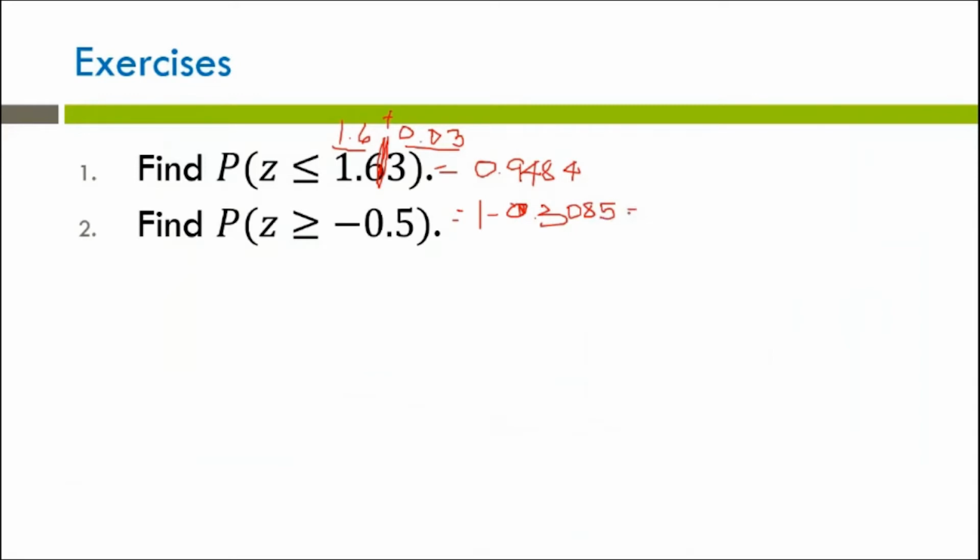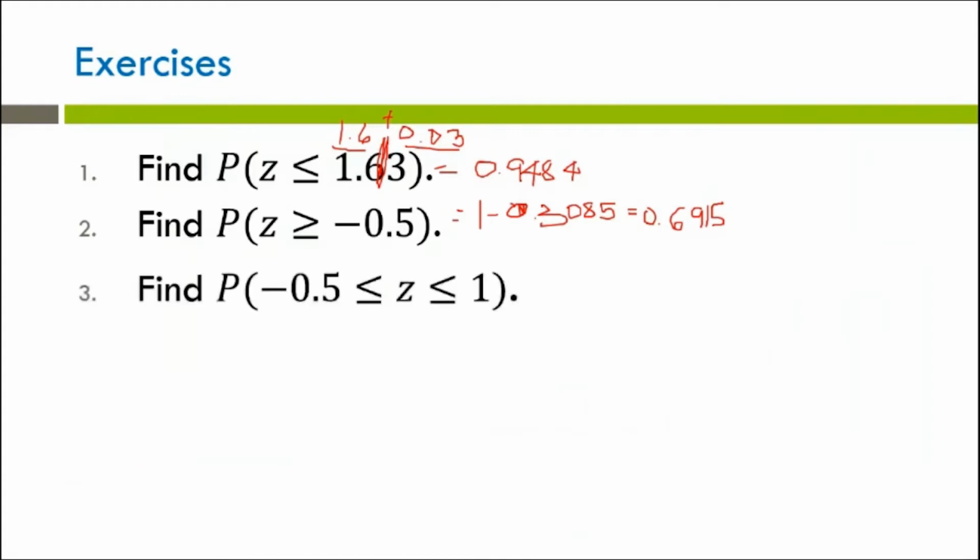So what is 1 minus 0.3085? This would be 0.6915. So just check if we'll get the same answer.